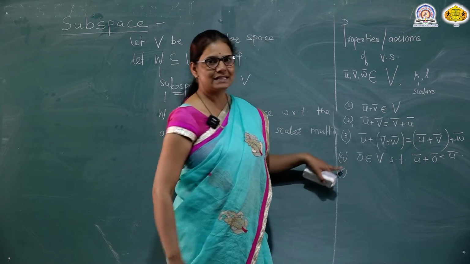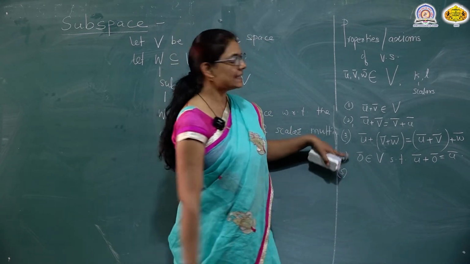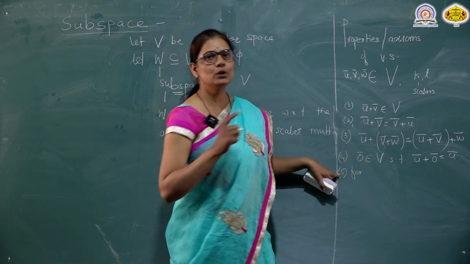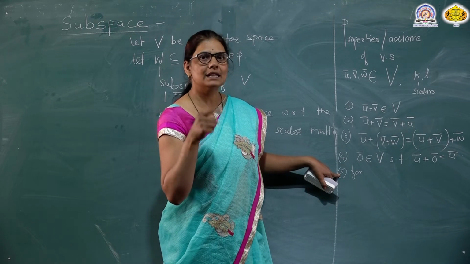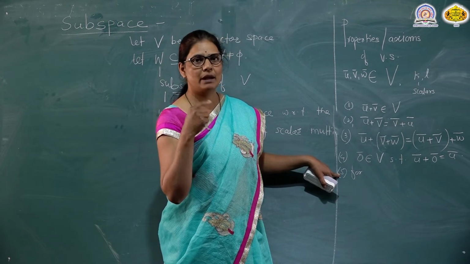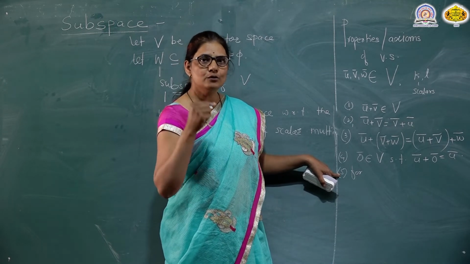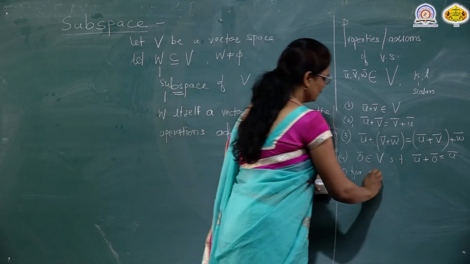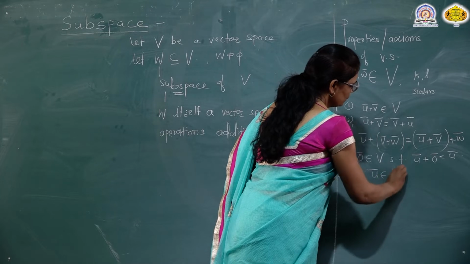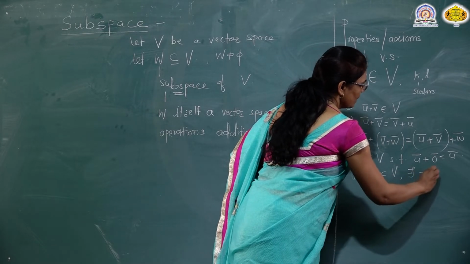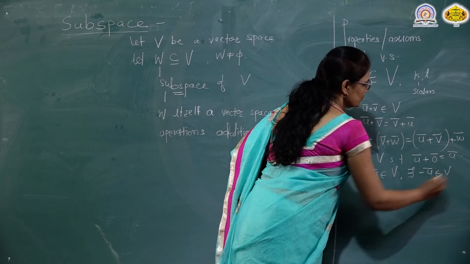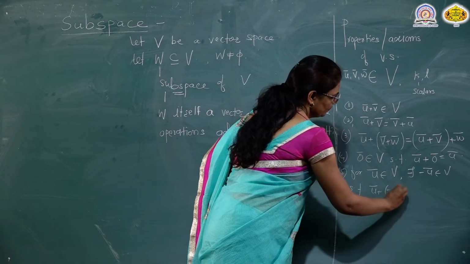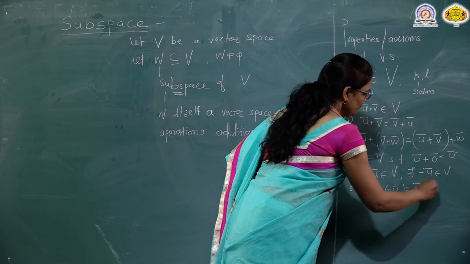The fifth axiom is existence of negative element. So for any u bar belonging to V, there exists a negative element denoted by minus u bar, again belonging to V, such that u bar plus minus u bar equals 0 bar.